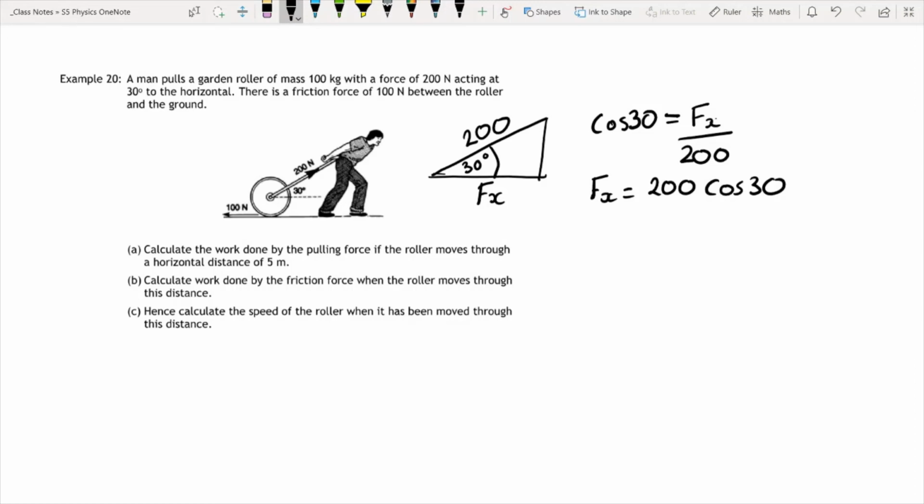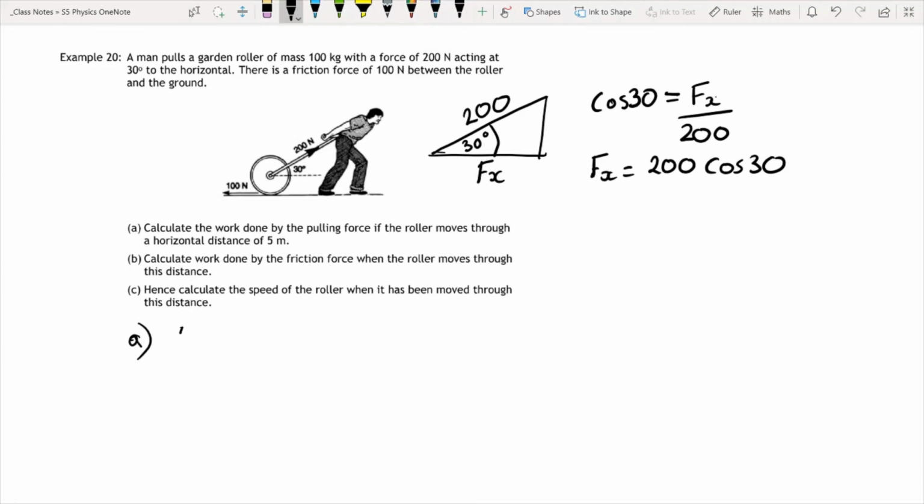You can completely ignore that though if you want to. So part A, the horizontal pulling force, we want to know the work done by the pulling force if the roller moves through a horizontal distance of 5 meters. To find the work done by the pulling force, so I'll just put an arrow there because it means it's pulling it in that direction. Force times distance. But we have to use the horizontal component of the force.